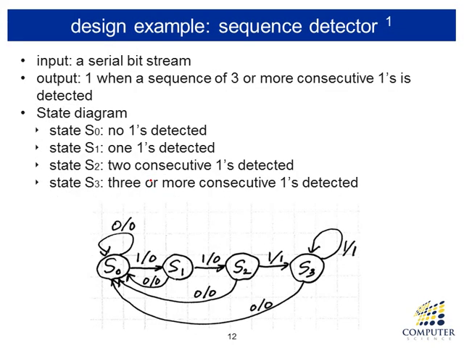So let's apply those procedures for an example problem. The system we are going to design is called the sequence detector. A sequence detector is a system where you have one single input and one single output. The input receives a bit stream.